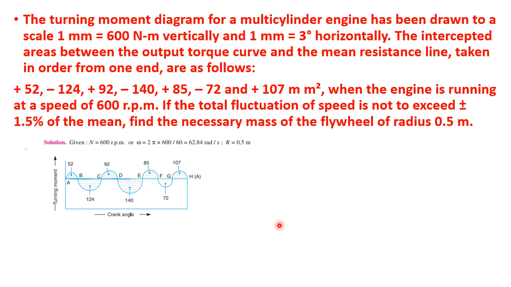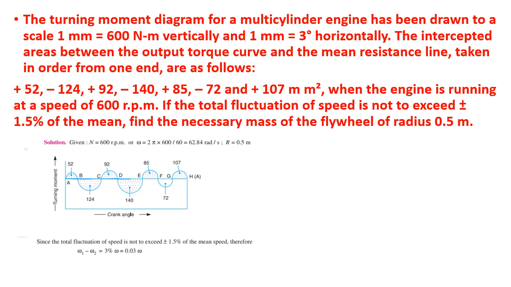So omega 1 minus omega 2 is not to exceed plus or minus 1.5% of the mean speed omega, that is from minus 1.5 to plus 1.5, so the total value is 3. That can be considered as 3% of omega. That is the given instruction in the question.